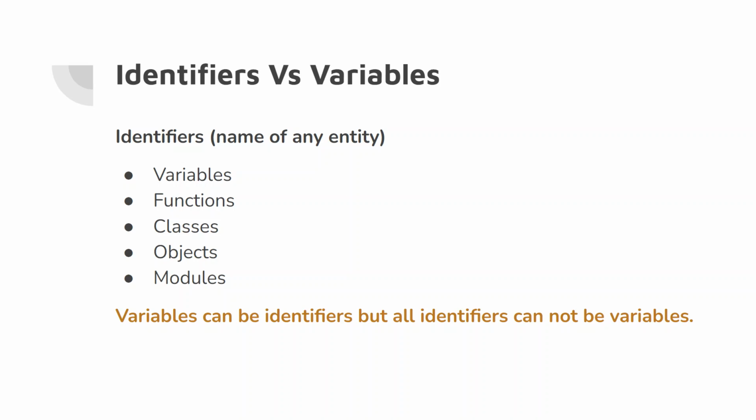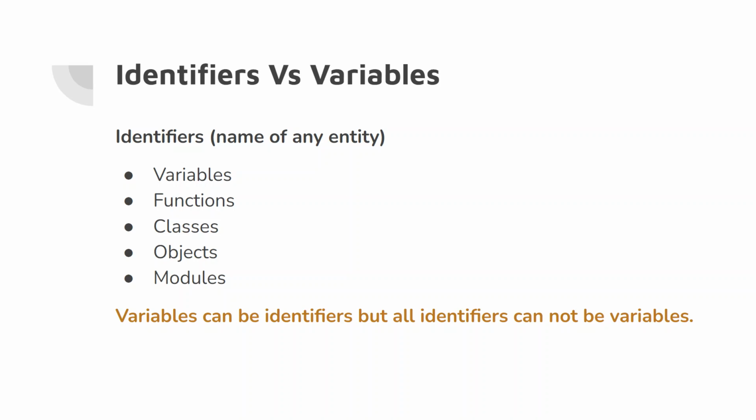But a function name, class name, or any other object name, module name, these are not variables. So if suppose your function name is mango, this is an identifier, we can say, but it's not a variable. So variables can be identifiers, but not all identifiers can be variables.